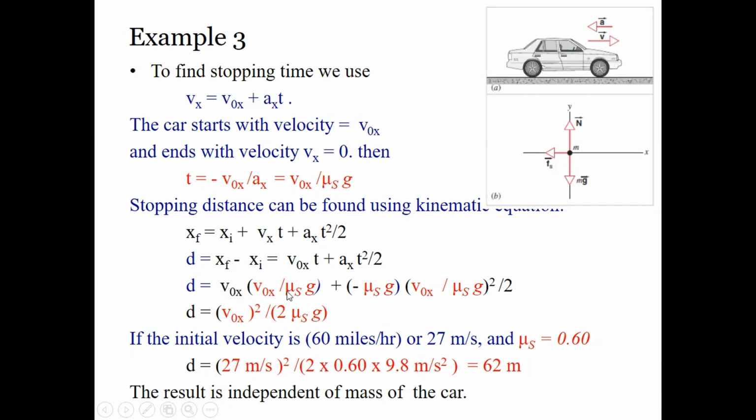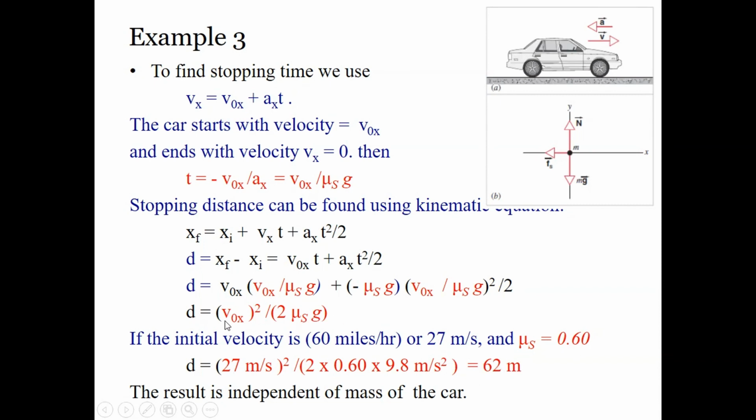We substitute t with V naught divided by mu times g, and simplify. If the initial velocity is 60 miles per hour or 27 meters per second, and the coefficient is 0.6, then we can determine the distance as 62 meters.